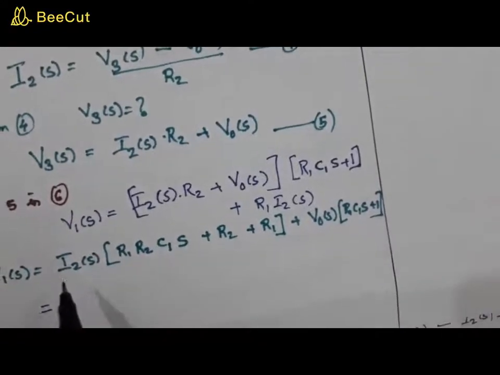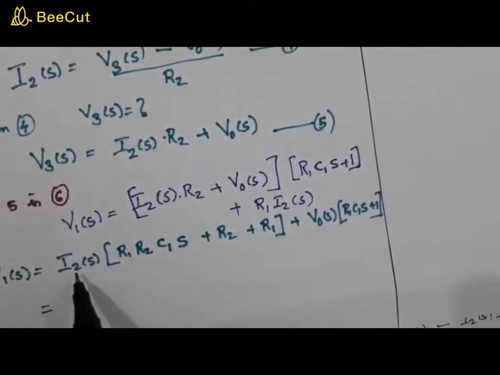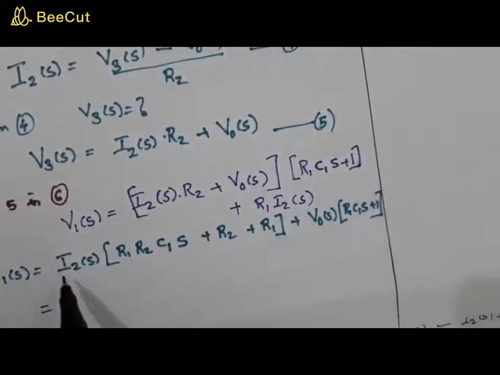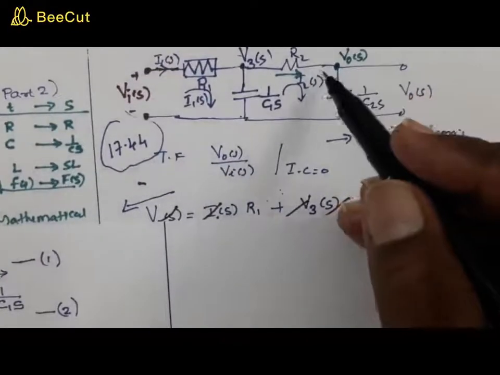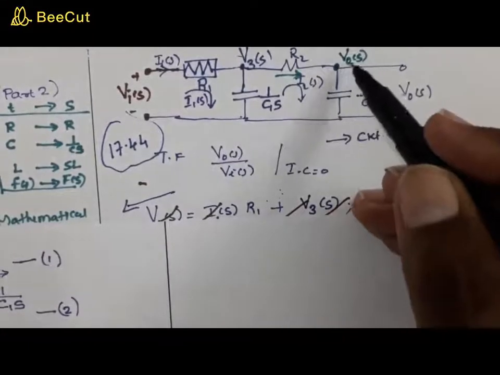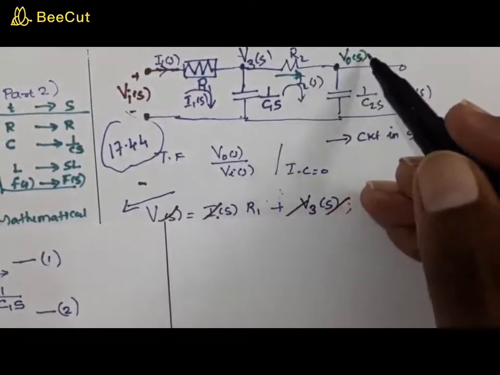Now look at this expression. So you have one I2 of s and the unknown is V0 of s. Now let us see, can you by any means convert this I2 of s in terms of V0 of s? Look at that expression again. This I2 of s is the current flowing through this capacitor, and across the capacitor you have a voltage V0.